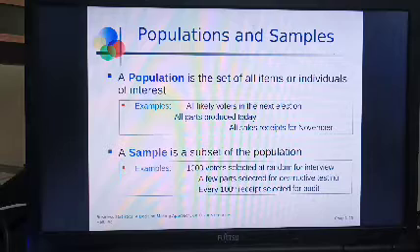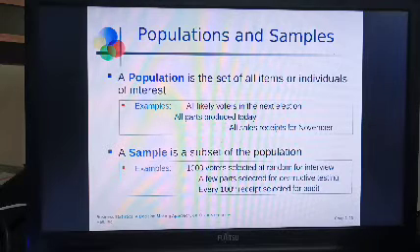So that's the voting population in the Philippines. If our interest is the voting population of the Philippines, that's 70 million voters.